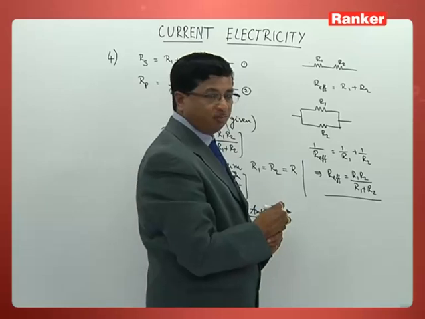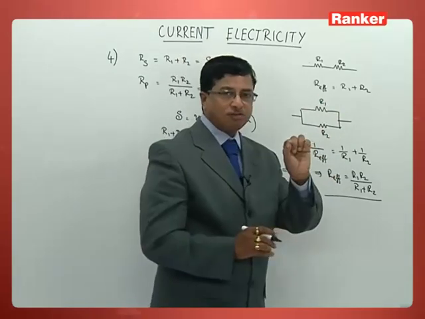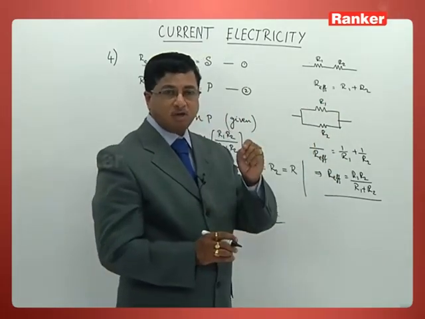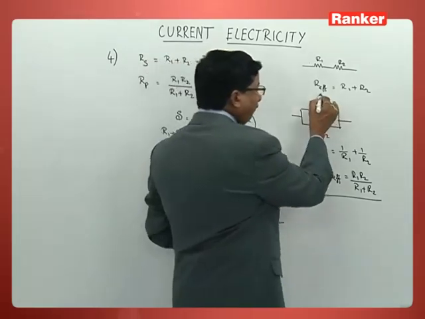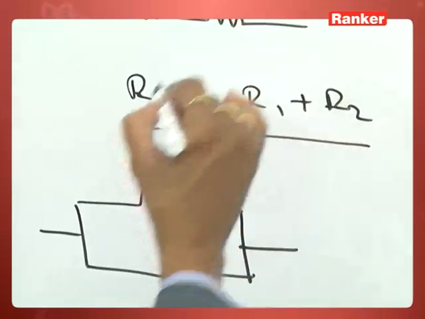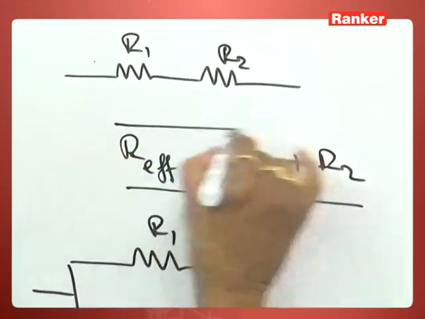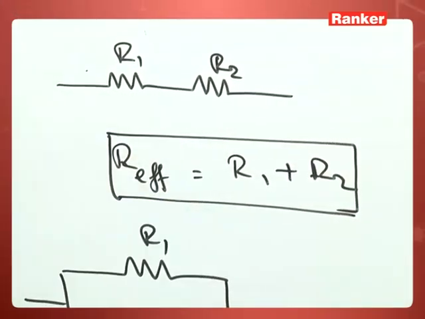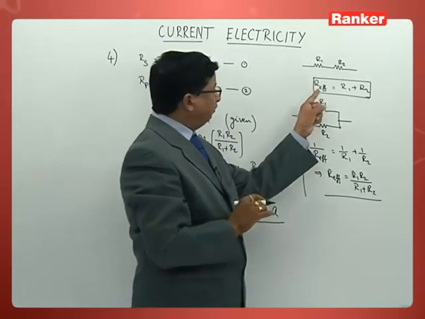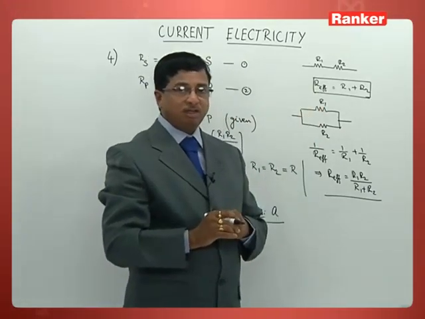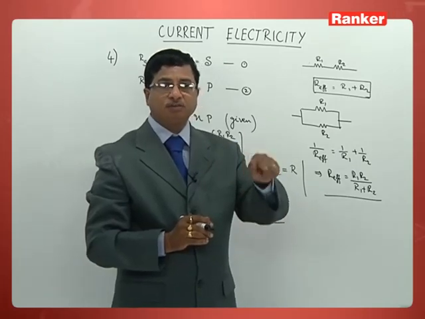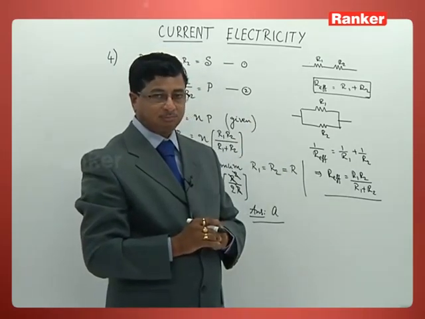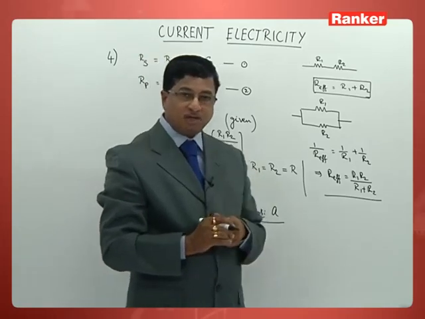That is the equation. One more point I just want to mention here. Try to concentrate on that point carefully. When two or more resistances are connected in series, the effective resistance will be greater than the greatest resistance of the circuit. I repeat my statement.